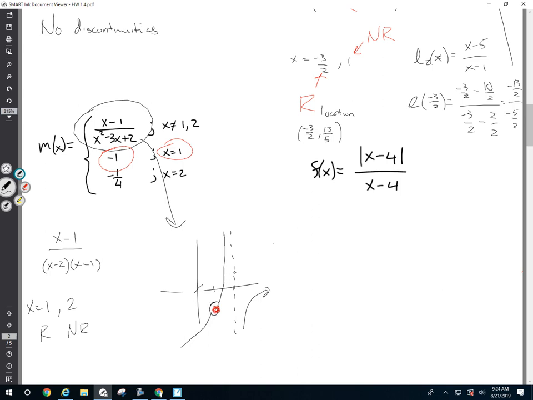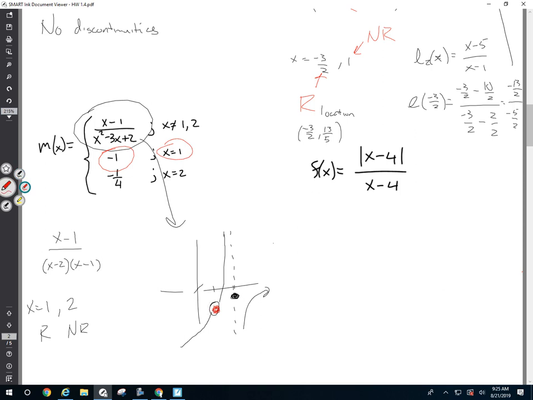Now at 2, I have a point right here, but at 2, we have a non-removable discontinuity. So we just can't be continuous there. So I know at 2, we are not continuous. But let's check at 1.